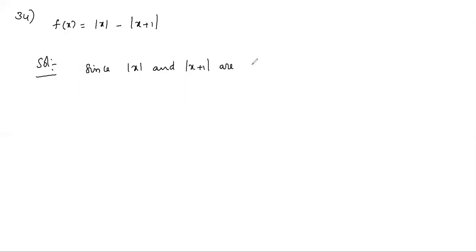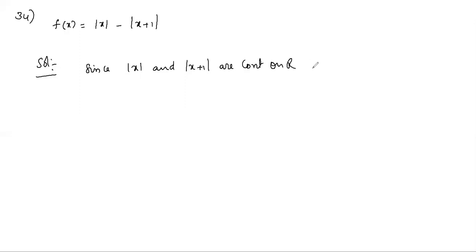34. f of x equals mod x minus mod x plus 1. Already you know mod x and mod x plus 1 are continuous for all real numbers.